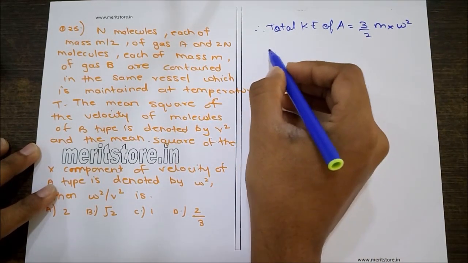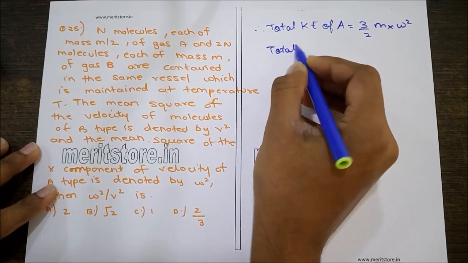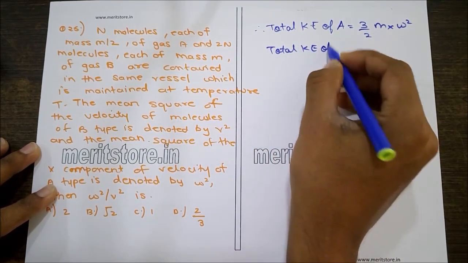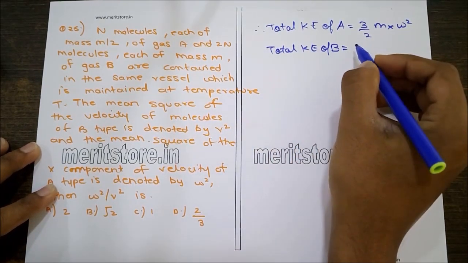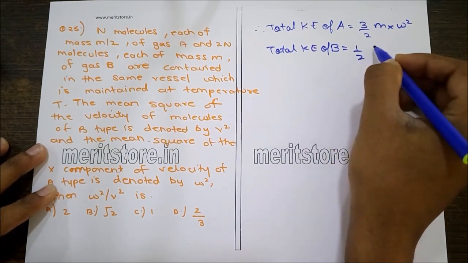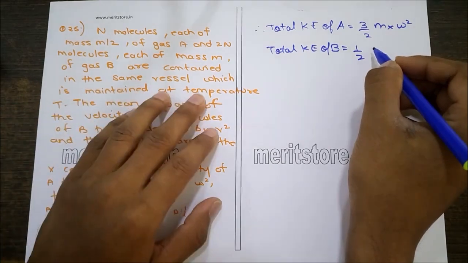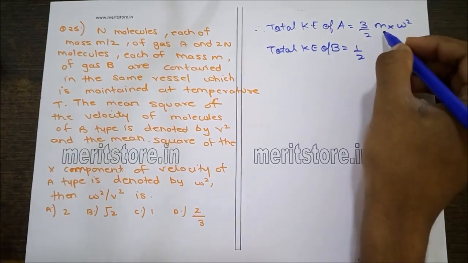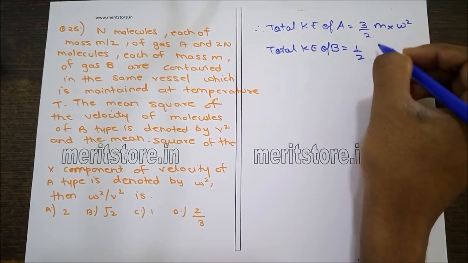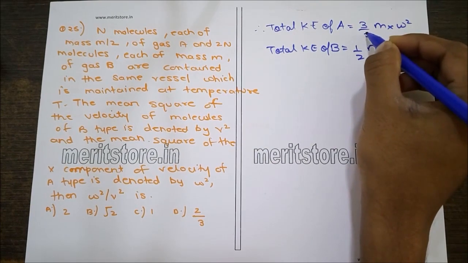And similarly, the total kinetic energy of B can be simply given as half times mass, pardon me, mass is m.